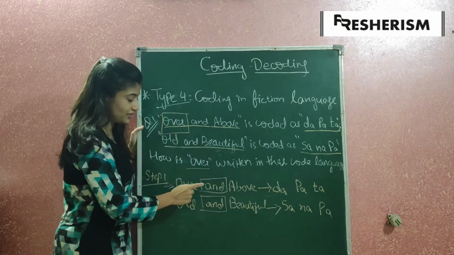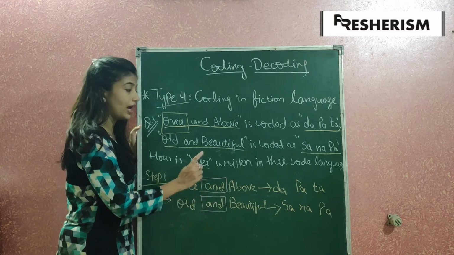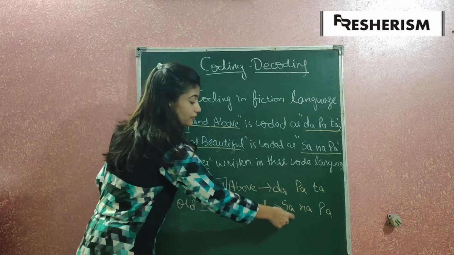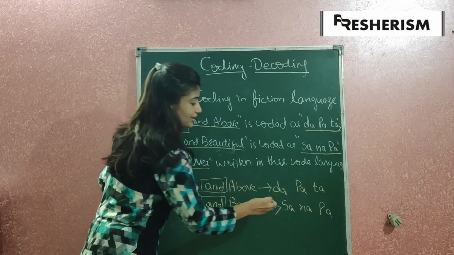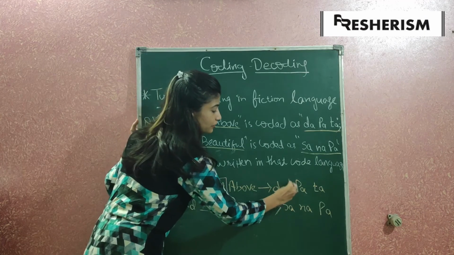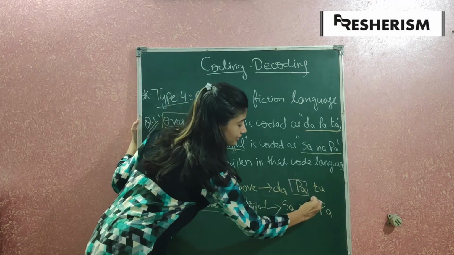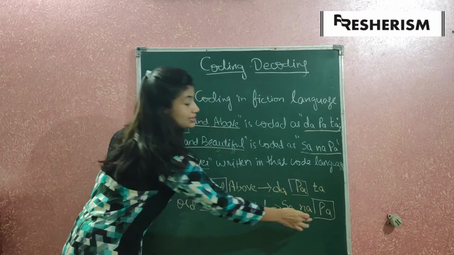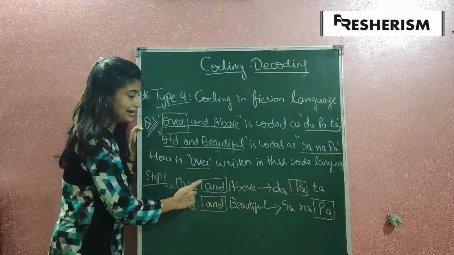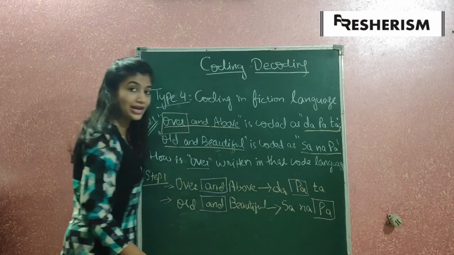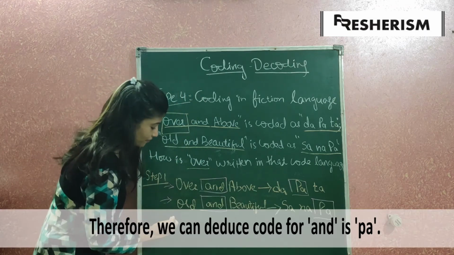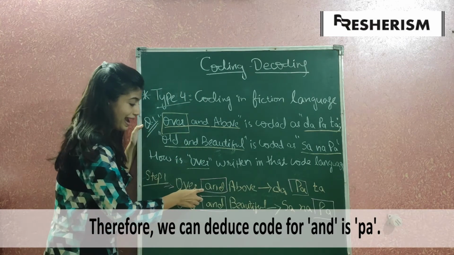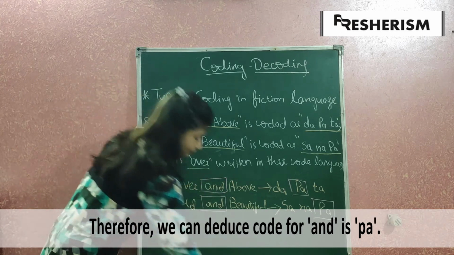The same thing which we did with the words, we have to apply to the codes as well. Here the code PA and here the code PA are both the same. Here the word AND is the same and here the code PA is the same. That means the code for AND is PA.